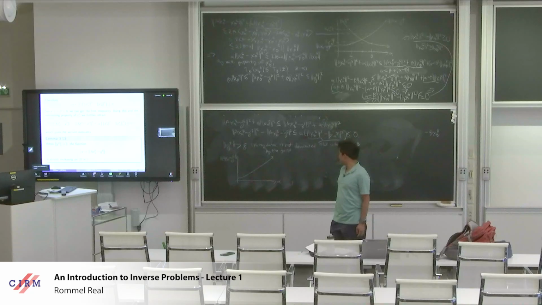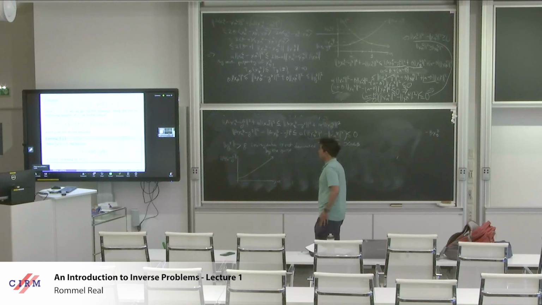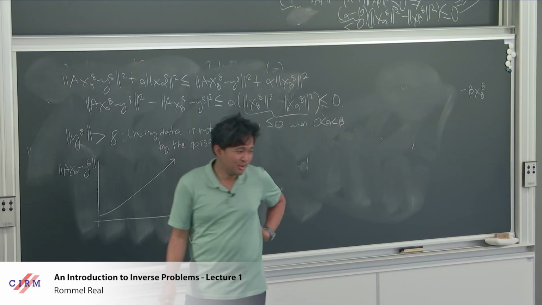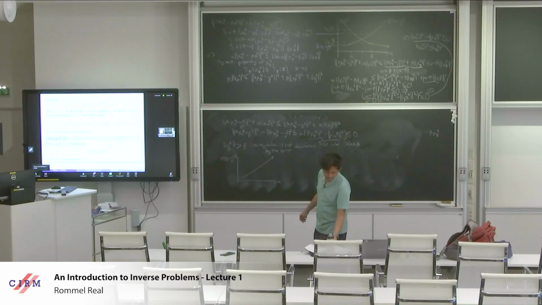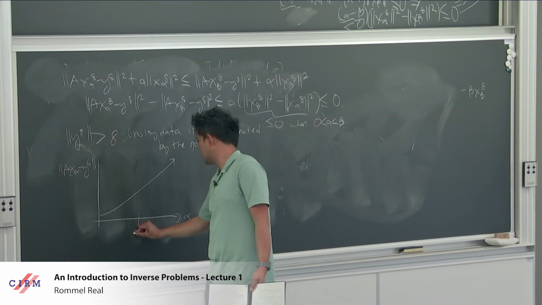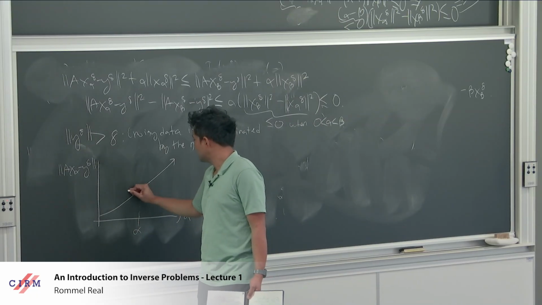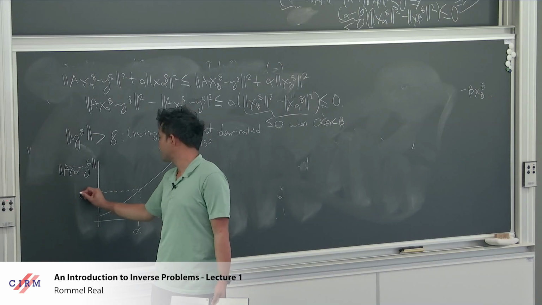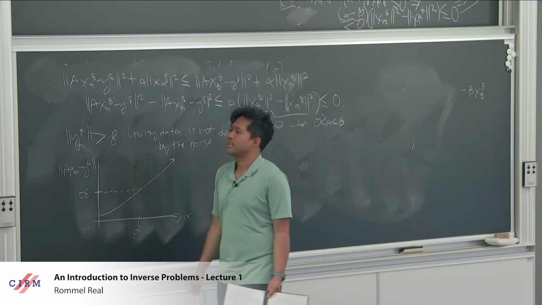If it's strictly increasing, then that should mean that we must be able to find a value alpha whose value of the residual is tau times delta.